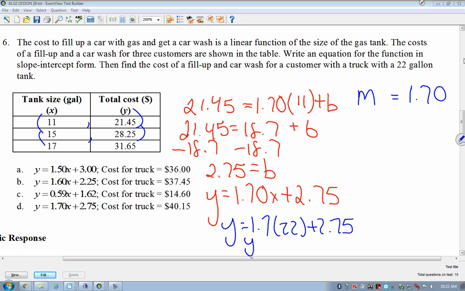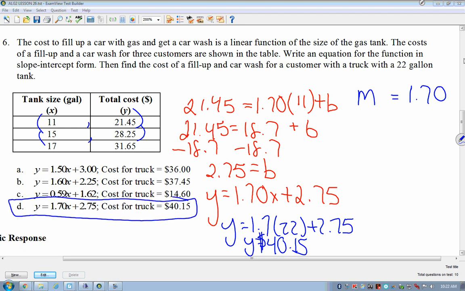What am I getting there? $40.15. Okay, and that shows me that I did everything right.